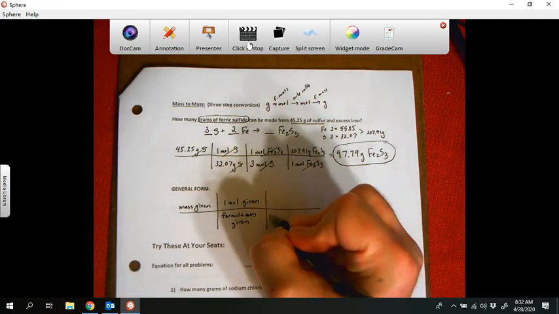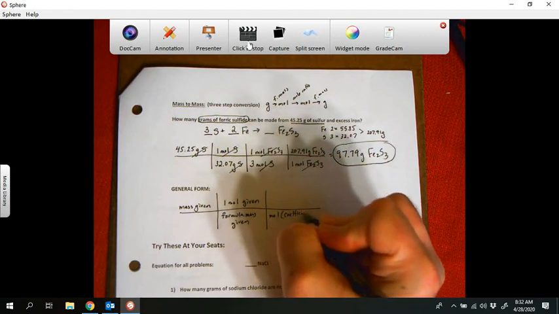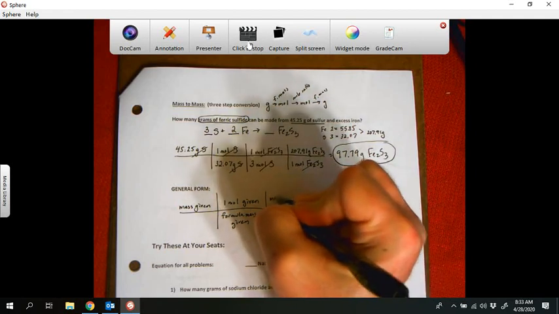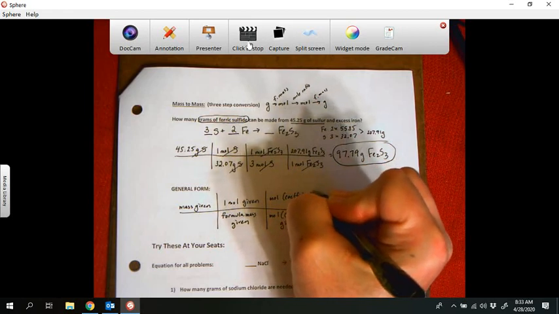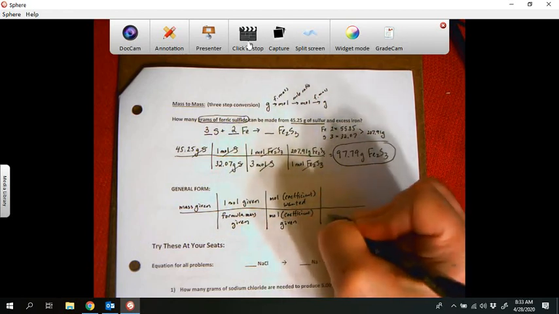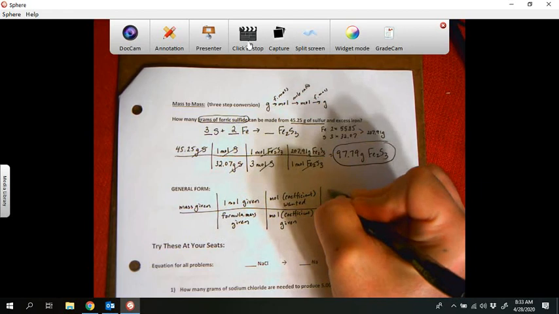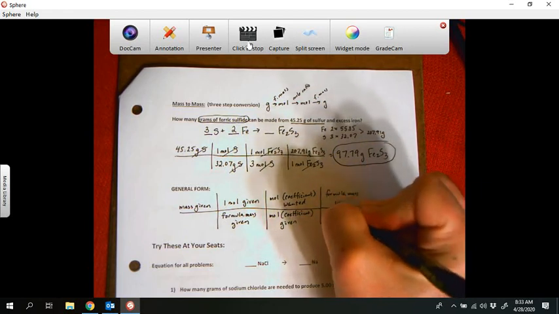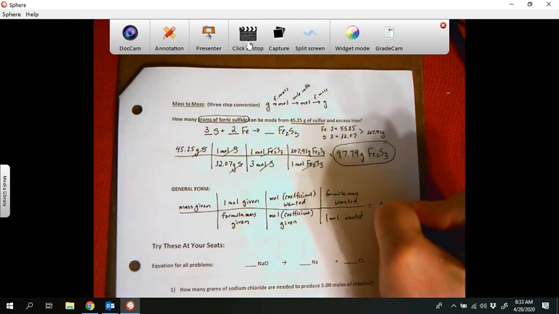Down here, we're going to have the moles, which is the coefficient of the given. And up here, we're going to have moles, or the coefficient, from the wanted. In the bottom, we're going to have 1 mole of the wanted. And up here, the formula mass of the wanted. And that will give us grams of the wanted.